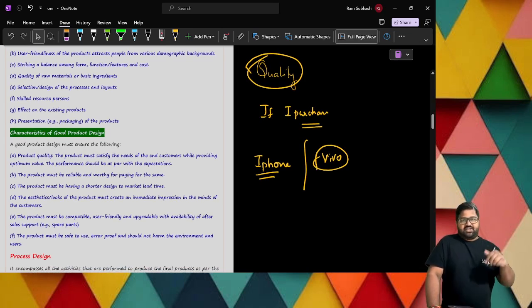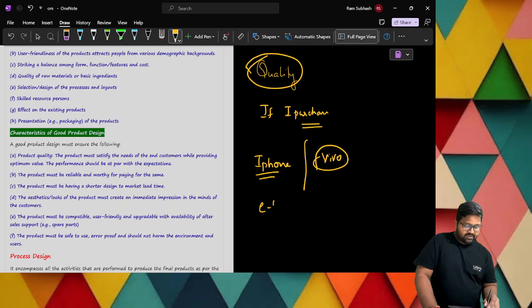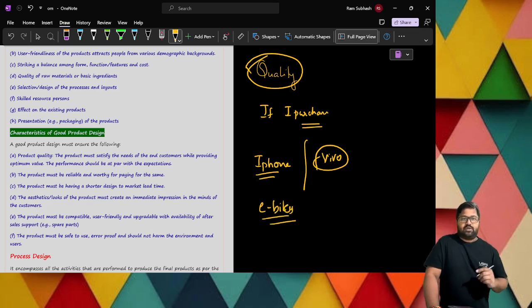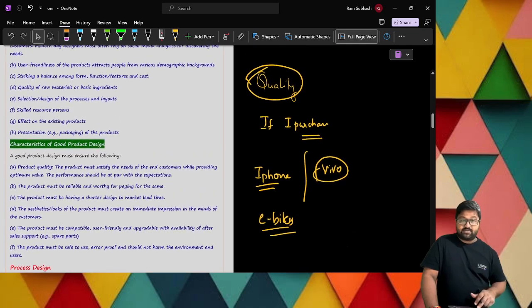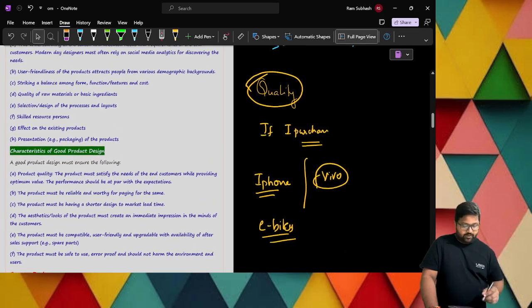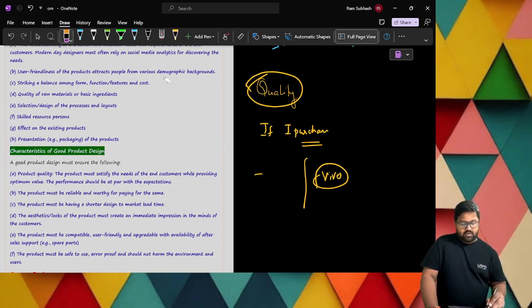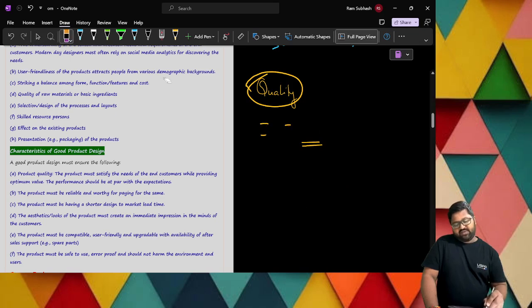In the initial stage of the introduction of electric bikes, they used to get burned and catch fire. Was that product safe for the customers? It's not safe. Also, in the past, in very olden times, the Tata company started a car called the Nano.